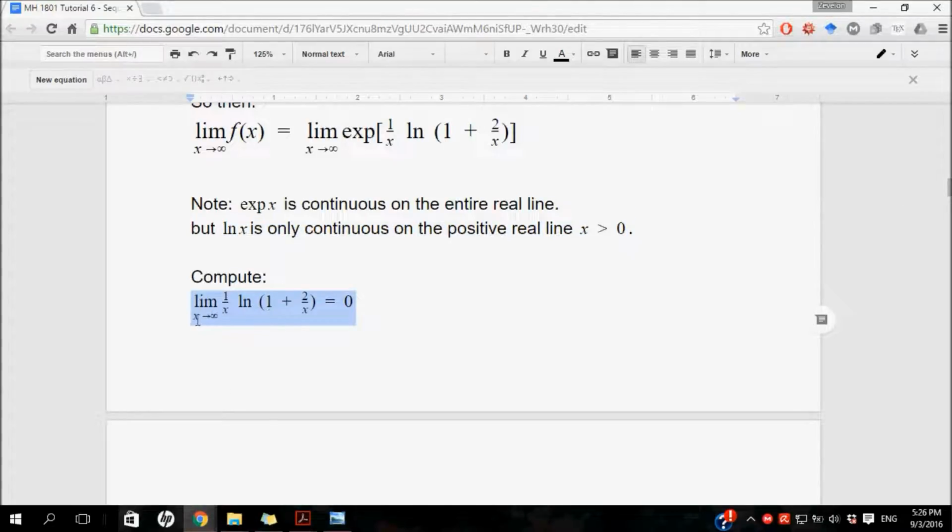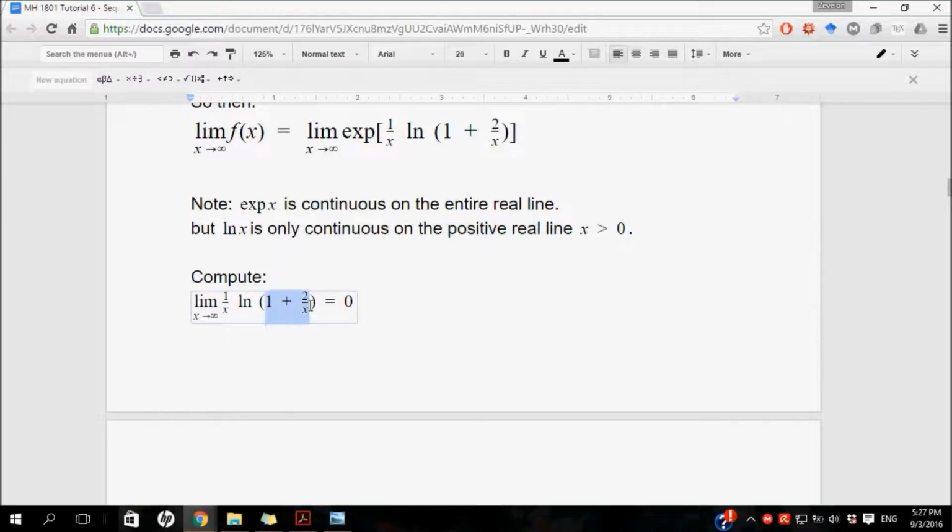As we take x towards infinity, you can see that of course 1 over x is going to tend towards 0, and for this bit here, ln of 1 plus 2 over x, we see that 2 over x is also going to tend to 0, and therefore 1 plus 2 over x is always going to be part of the positive real line.